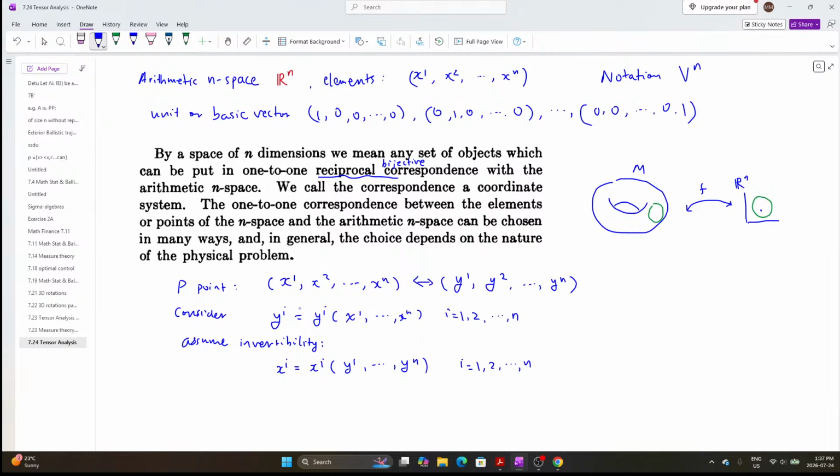The operative word is neighborhood, so it's a local phenomenon. This is a point on the manifold. The point has a neighborhood that locally approximately looks like R^n, looks flat.